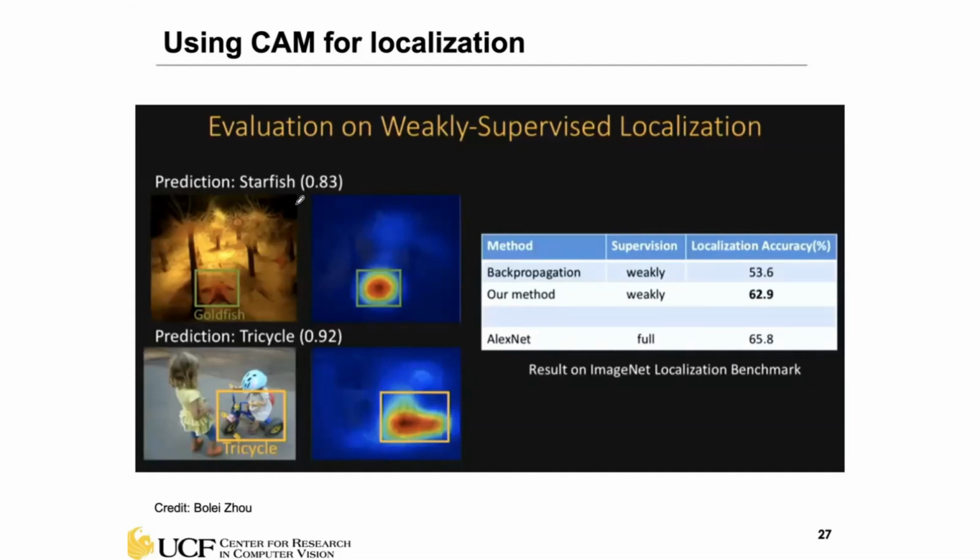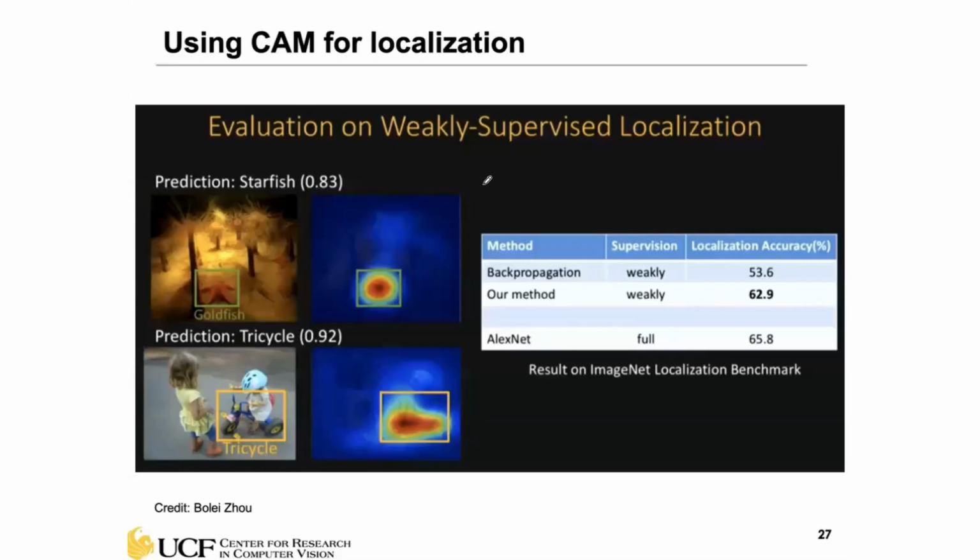But here, since this network is trained using image classification, in the training data we don't know the location. We don't have the bounding box annotation. All we know is the image level label. We know this is a starfish image, which means there is a starfish somewhere, but we don't provide a specific bounding box annotation for that object.